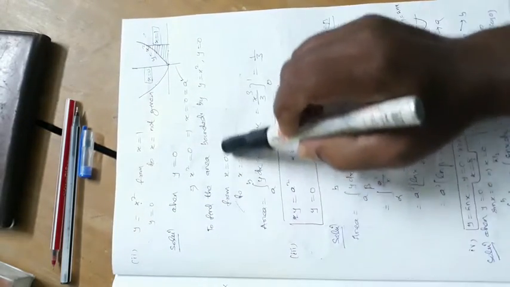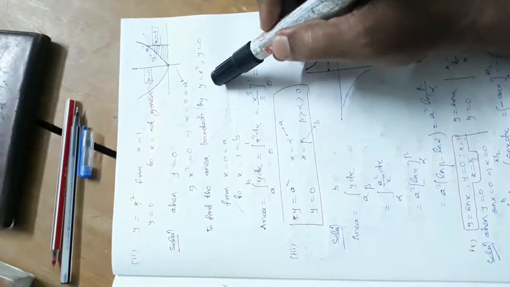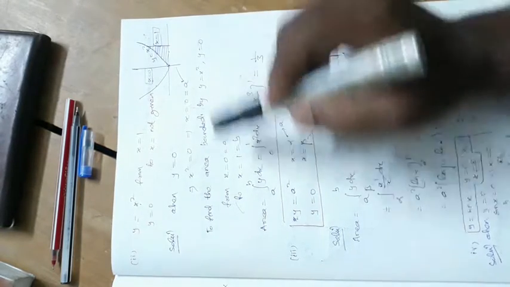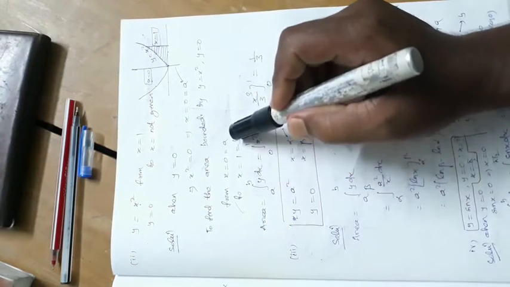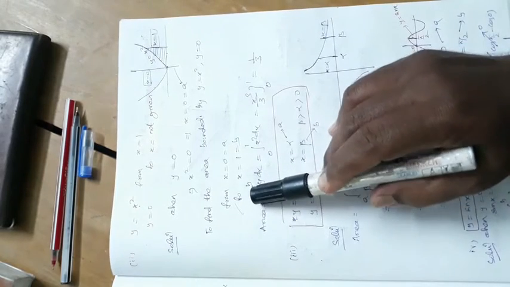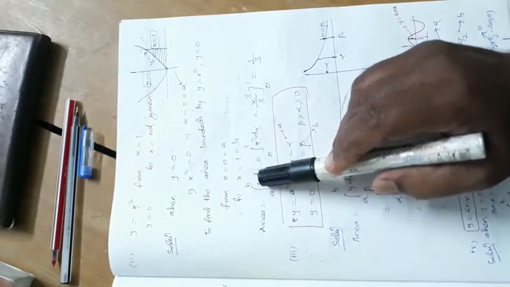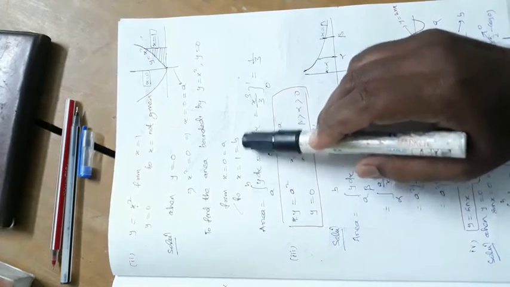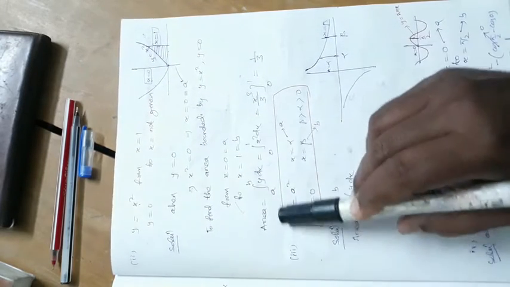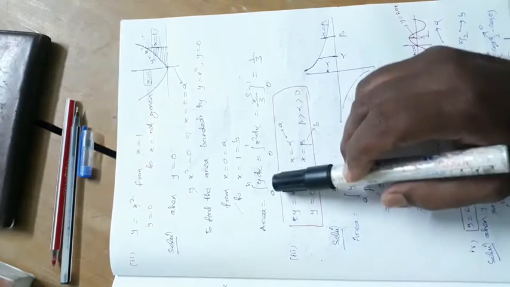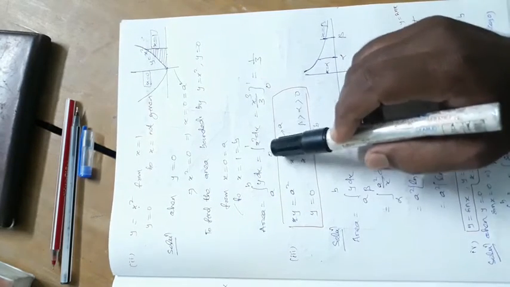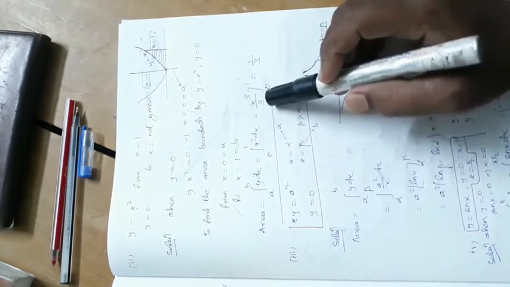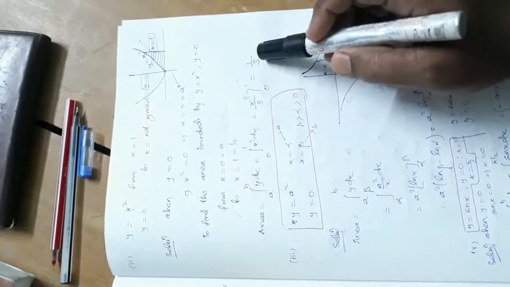Now find the area bounded by y is equal to x square, y is equal to 0, from x is equal to 0 to x is equal to 1. Here x is equal to 0 is a, and x is equal to 1 is b. Area is what? The integration of y dx from a to b, that is the integration of x square dx from 0 to 1. Then it is x cube by 3 from 0 to 1, which is 1 by 3.